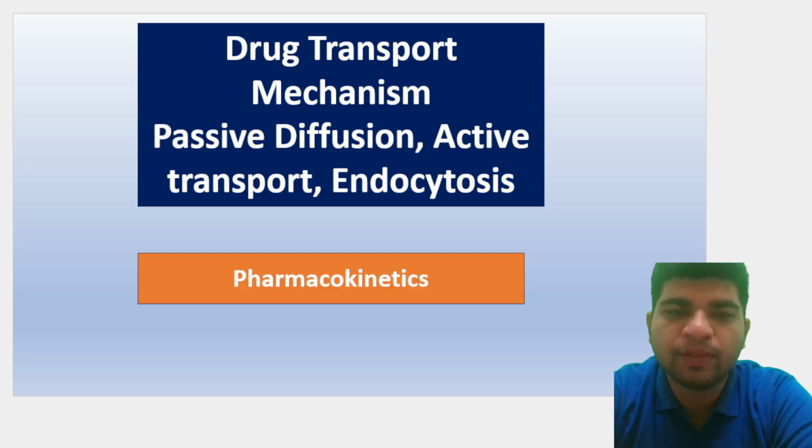Under transcellular, we have passive transport and active transport. If we talk about the paracellular ones, we have permeation through cells and persorption. And if we talk about the vesicular types, we have endocytosis, that is pinocytosis and phagocytosis.